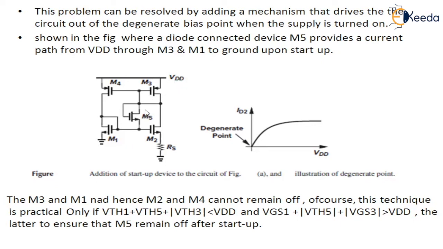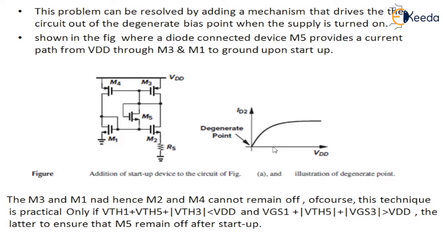This ensures that M5 will remain off after startup, because M5 is the device connected only to provide a current path from VDD to ground upon startup, and it will remain off after startup.